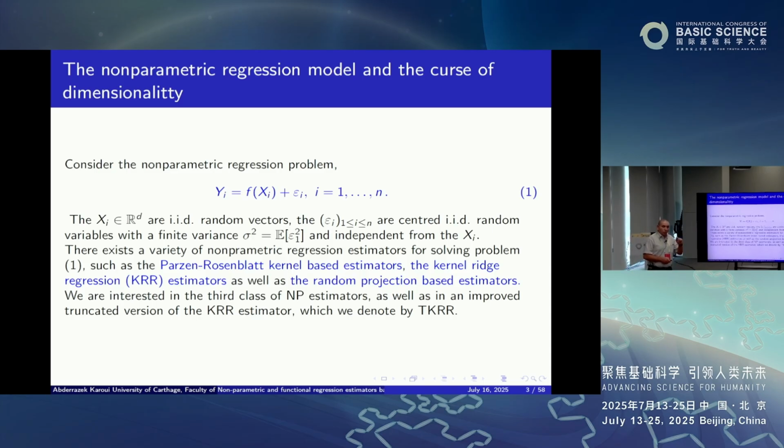You'll see why we are interested in the truncated kernel regression estimators. The kernel regression estimators have the advantage of being fast, but require a very high load of computations. So we have to use a truncated version of these estimators.